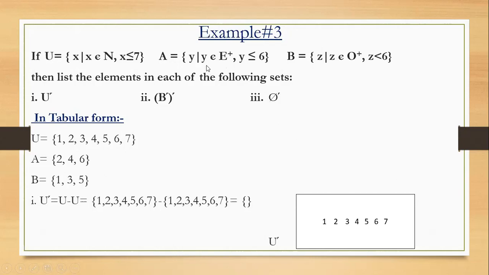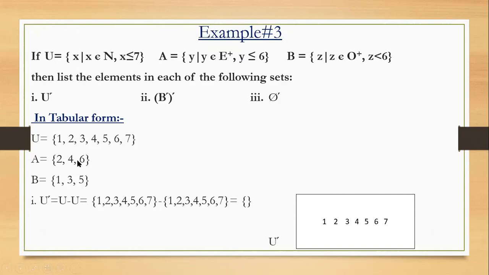Set A contains Y such that Y belongs to E plus. E positive means positive even number where Y is less than equal to 6. Again, less than equal to 6 means 6 is also included. So positive even number contains the set 2, 4, 6.